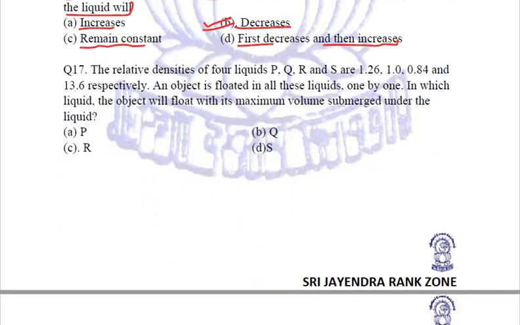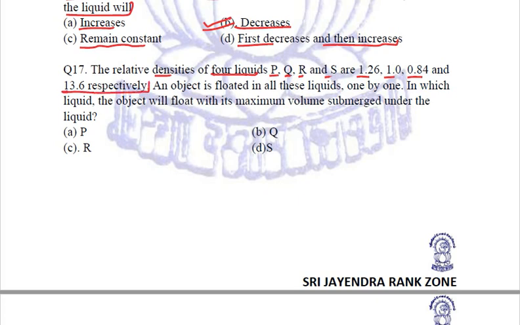The relative densities of four liquids P, Q, R and S are 1.26, 1.0, 0.84 and 13.6 respectively.